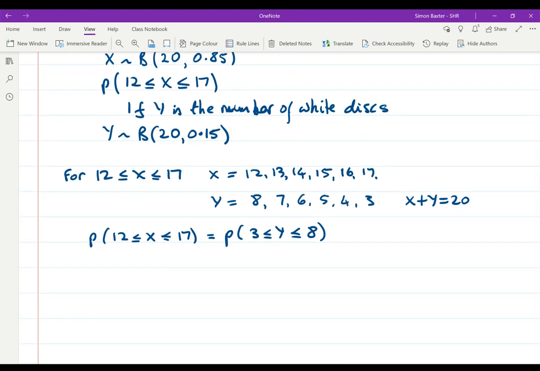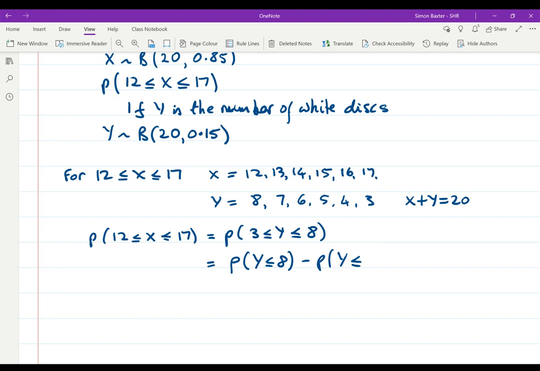I'm using the probability that white is 0.15, which is less than a half, so I can go to the tables, and we're looking for the probability that Y is less than or equal to 8 minus, now think a little bit here, the tables only deal with less than or equal to.